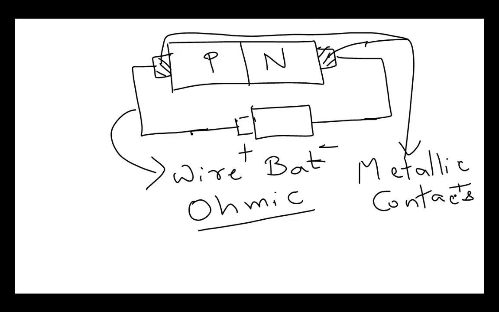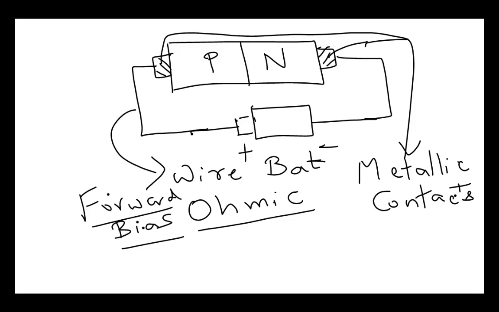This picture shows the forward bias. When positive terminal of battery is connected to P side of semiconductor and negative terminal is connected to N side of semiconductor, then it is called forward bias.